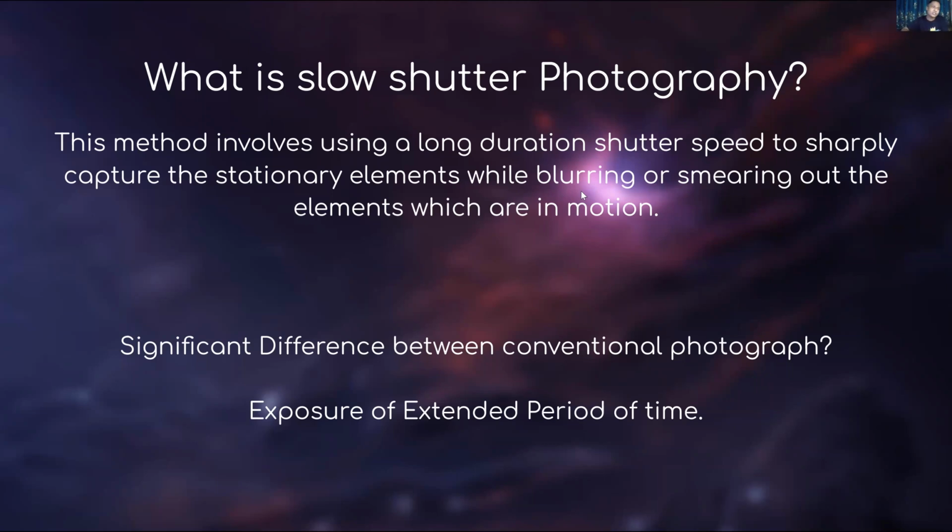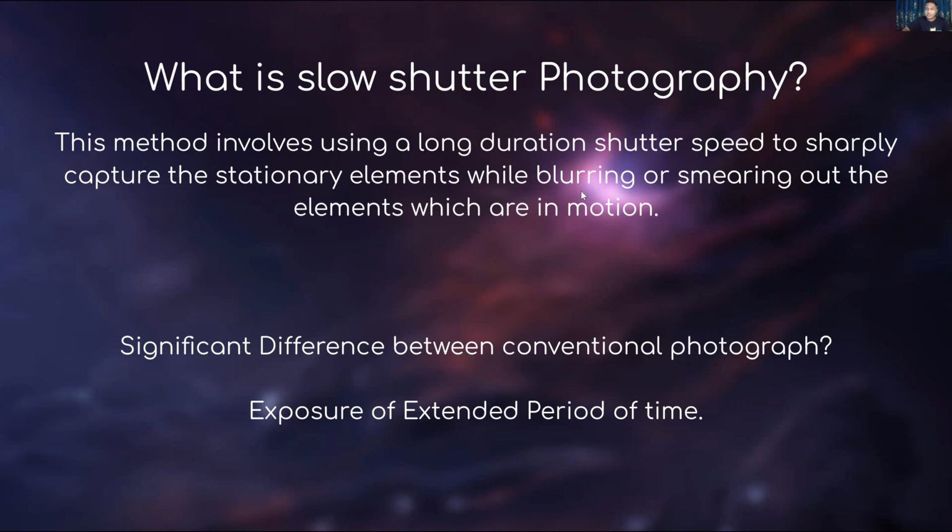The only moving thing in that scene is the flowing water, right? If we take a slow shutter photo of that scenery, the output image will show the water in motion, but the stationary parts will be sharp because they are not going anywhere. That can be one good example of slow shutter photography.